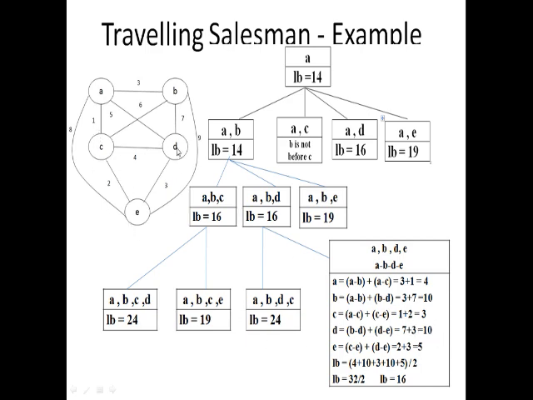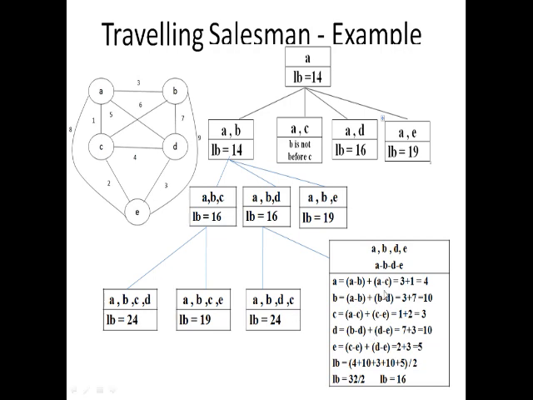Next, the node connections from D should be taken. D is connected to E, D is connected to C, and D is connected to B. Now, we have a strong connection from B to D. So whatever the values may be, B to D should be taken because B is directly connected to D. And D to E is also a strong connection, and that strong connection should be considered without considering the values.